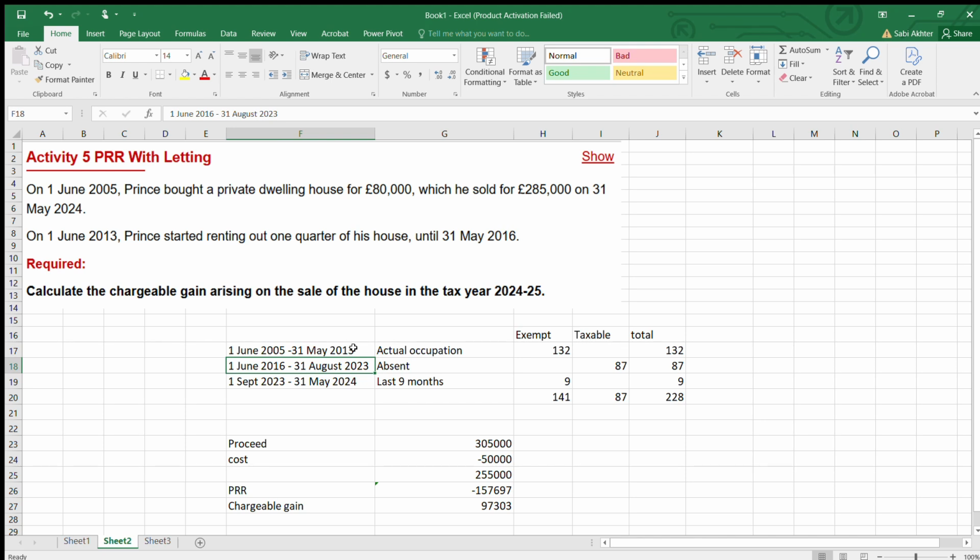Actual occupation is counted as exempt. This we know. So 2005 to 2013, how many years? Calculate from 5 to 13: 8 years. So 8 into 12, 96 months are exempt. Here just use the function so it's easier for you.